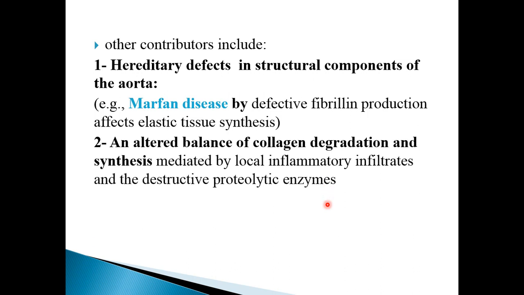Anything that leads to altered balance of collagen degradation and synthesis can lead to this abnormality as well. This could be seen following local inflammatory reactions and because of the effect of destructive proteolytic enzymes, just like the one we see with vasculitis.